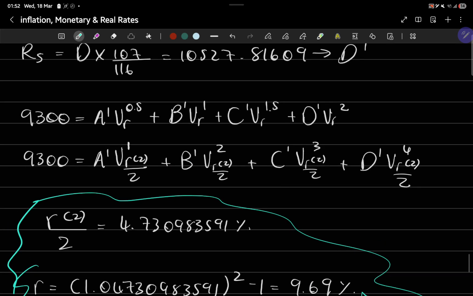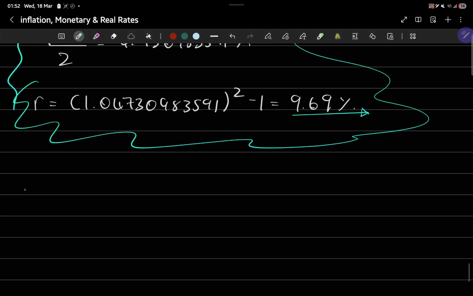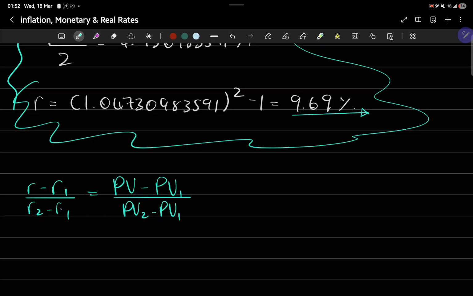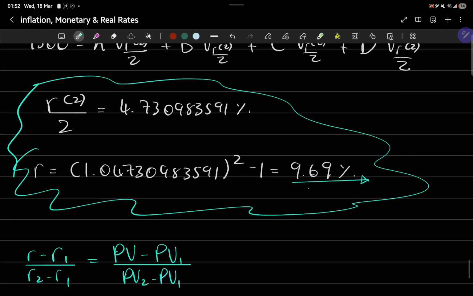You act like you went from here to saying, oh, let me guess. The formula for linear interpolation is that R minus R1 over R2 minus R1 is equal to PV minus PV1 over PV2 minus PV1. These are the interest rates. These are the corresponding present values at those interest rates. You cheat. You know the answer is 9,69%.